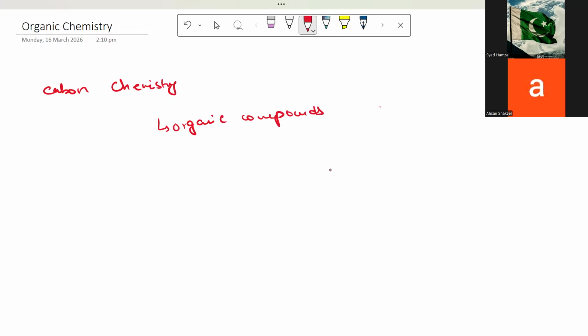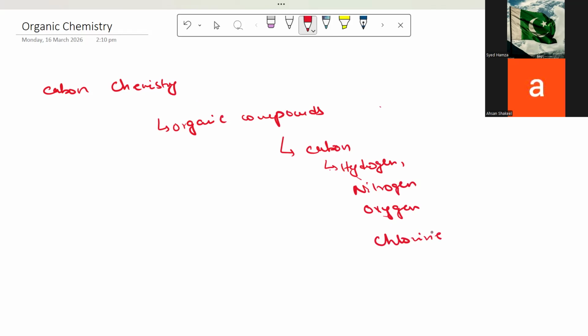These are the compounds where you'll have a carbon atom which will be bonded to either a hydrogen, nitrogen, oxygen, or a chlorine molecule. Okay, so this is the idea of organic chemistry.